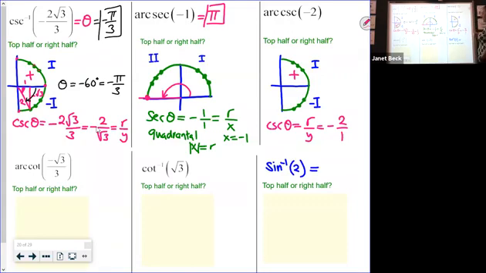So that's part of a 30, 60, 90 triangle where the y is -1 and the x would be the square root of 3. So that angle there in degrees is -30 degrees. We want this in radians, so it's going to be -pi/6.